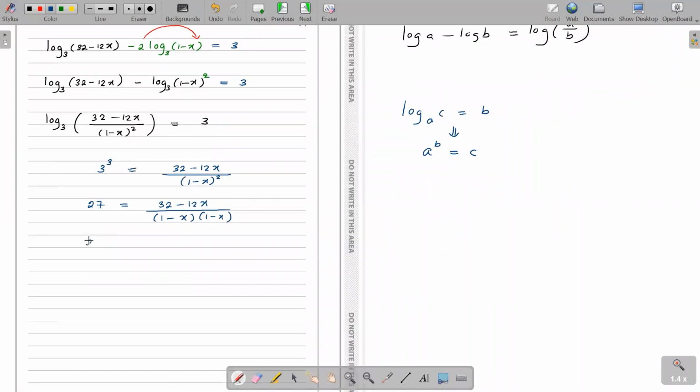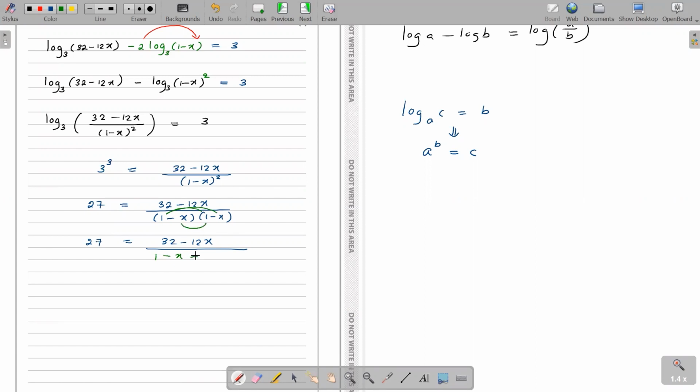So I get here 27 equals 32 minus 12x. Are you capable of opening 1 minus x into 1 minus x immediately? You could, of course, take 1 minus x square to the other side as a multiplication and then expand the bracket also. There's no problem with it. Okay. So I get here 1 minus x into 1 minus x is 1 into 1 is 1. 1 into minus x is minus x.